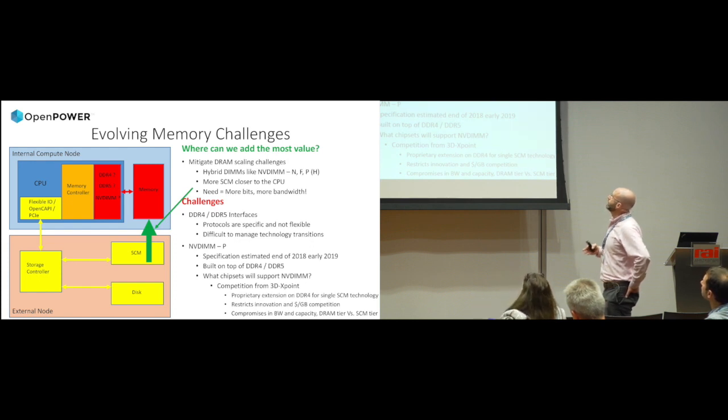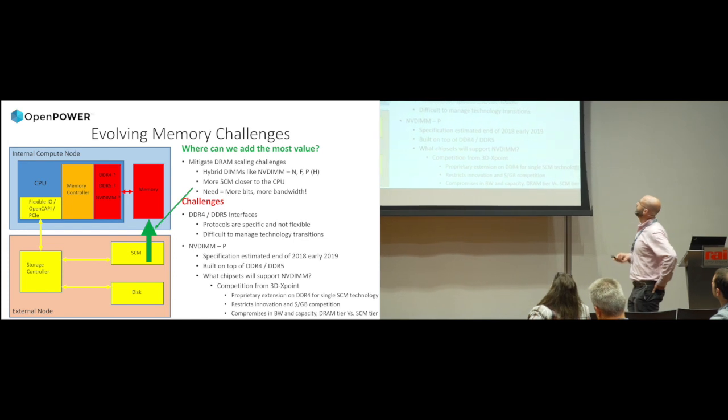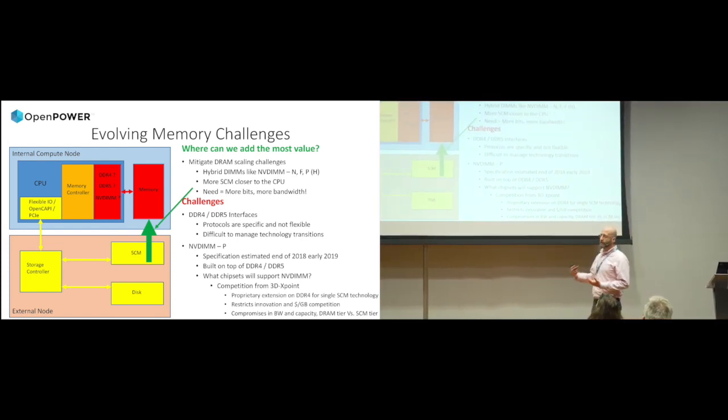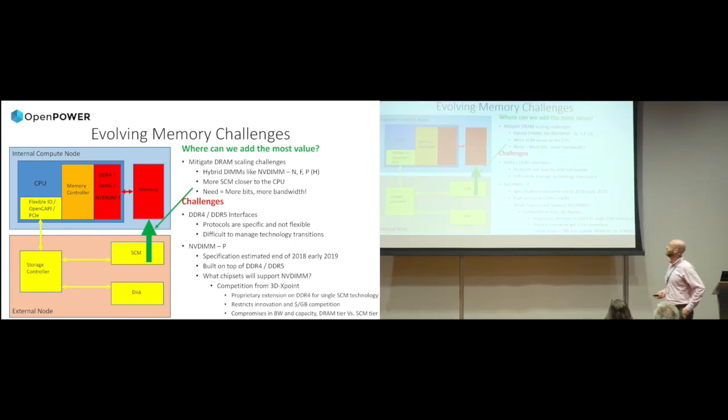So we're talking about hybrid DIMMs like NVDIMM-F, P, even H. H is proprietary from some other companies. But the main one here is the P. That's the one where you actually really get to start utilizing the storage class memory that's out there on the DIMM. It's not just there to be like a backup, as in the case of an NVDIMM-N.